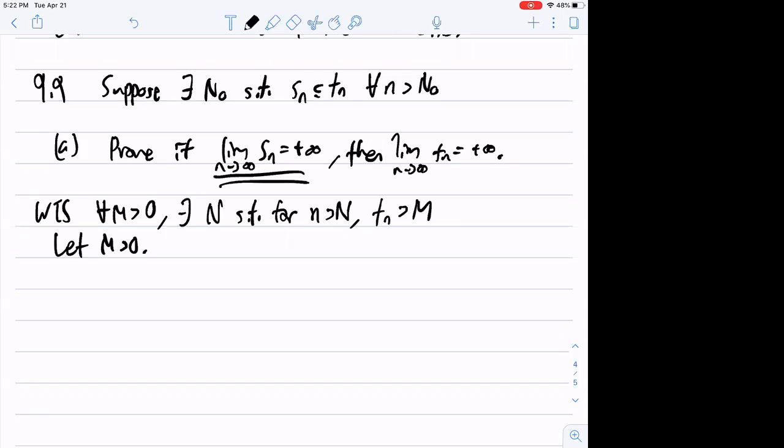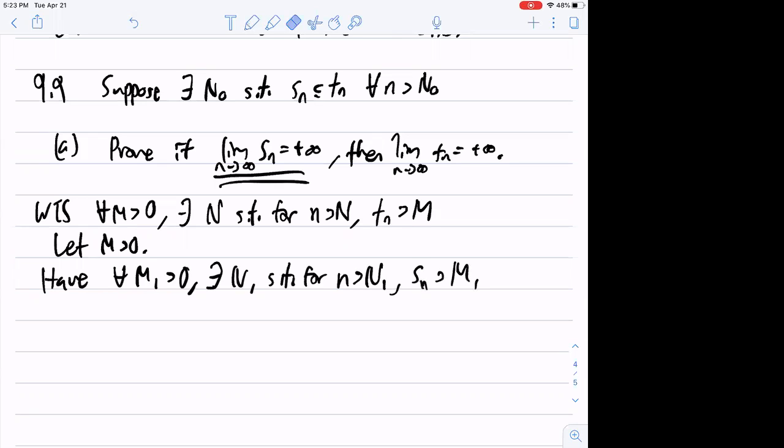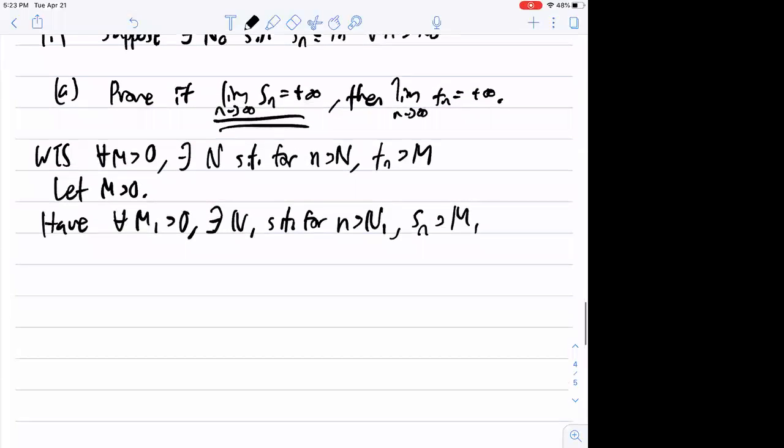Now, what do I know? I have this at my disposal. So we have, since I used m already, for all m1 bigger than 0, there exists n1 such that for n bigger than n1, Sn is bigger than m1, right? So this is just the definition of the limit of Sn being infinite. So I let m be bigger than 0.